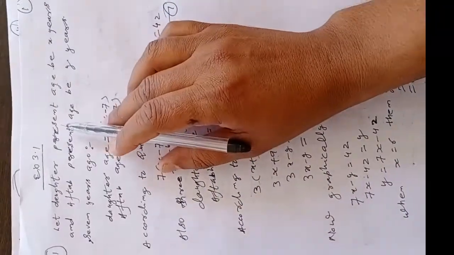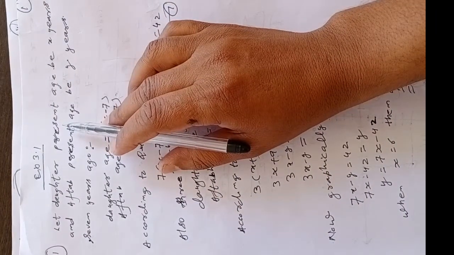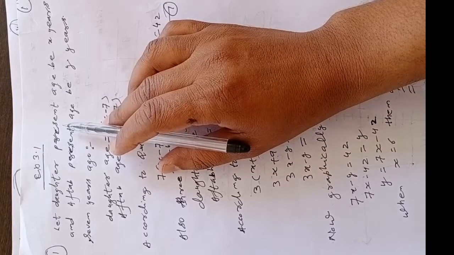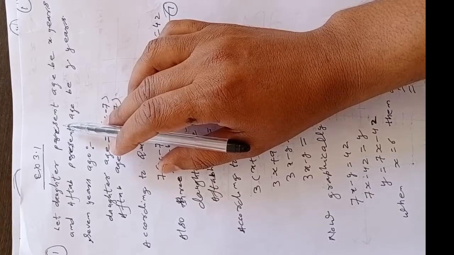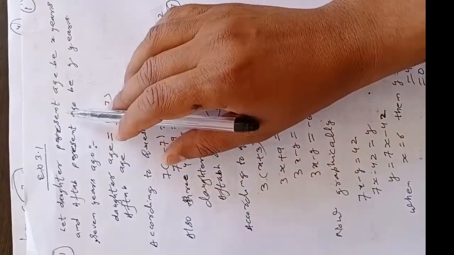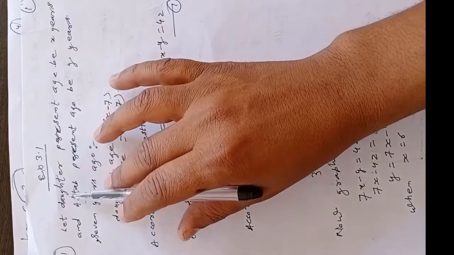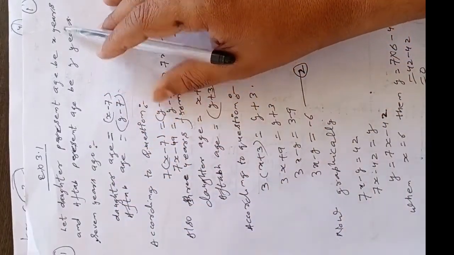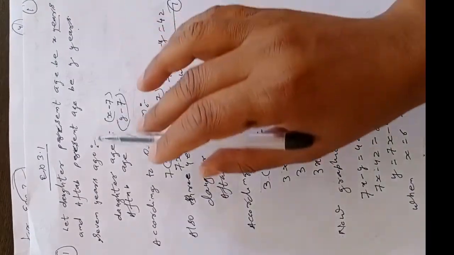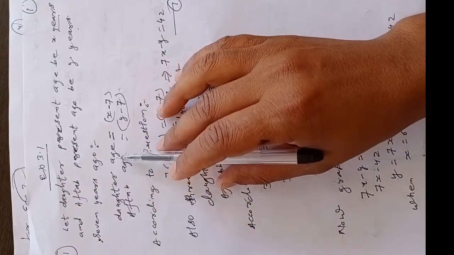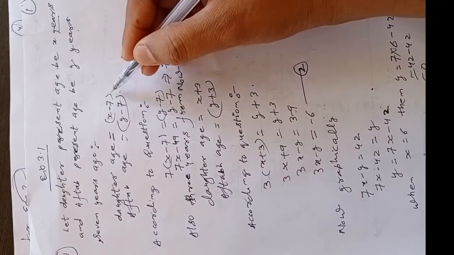So in this question, Aftab tells his daughter, 7 years ago, I was 7 times as old as you were then. So first of all, we will let their present ages. Let the daughter's present age be x and Aftab's present age be y. Then 7 years ago, the daughter's age will be x minus 7.